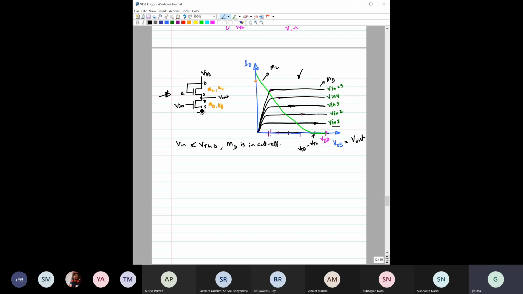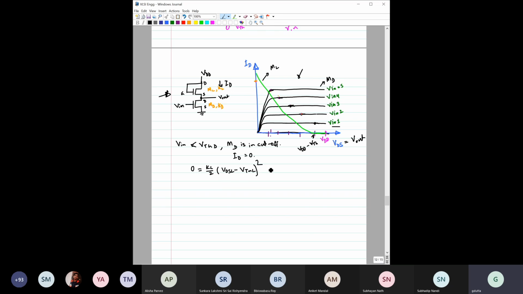So when MD is in cutoff, that means ID is equal to 0. When this ID is equal to 0, the same ID is flowing through this load as well, right? So we can write 0 is equal to KL by 2 into VDSL minus VTNL square, right?